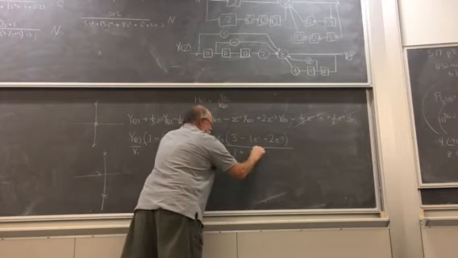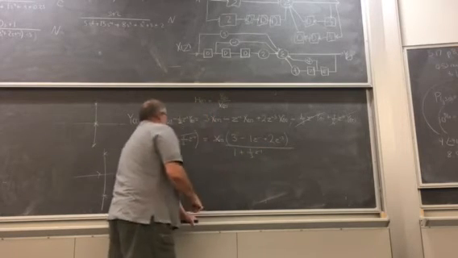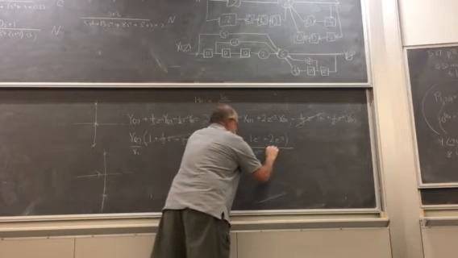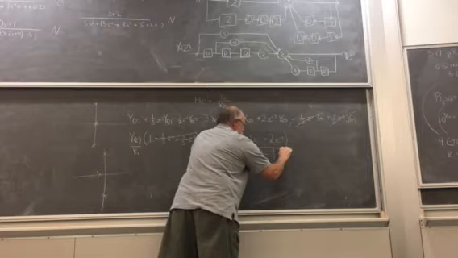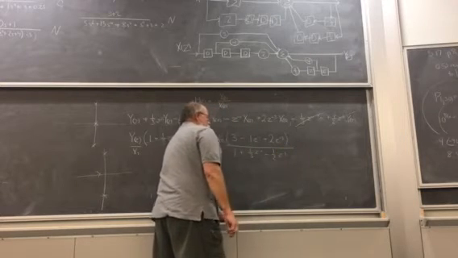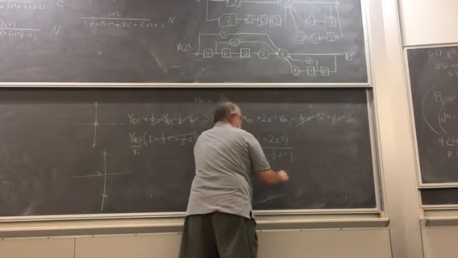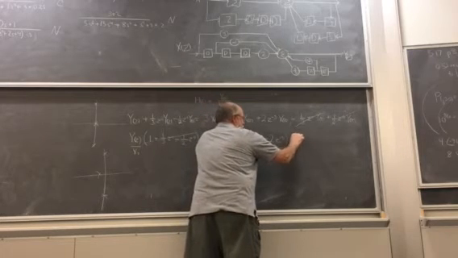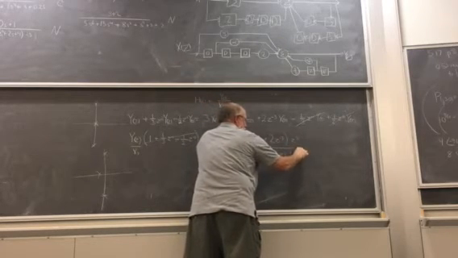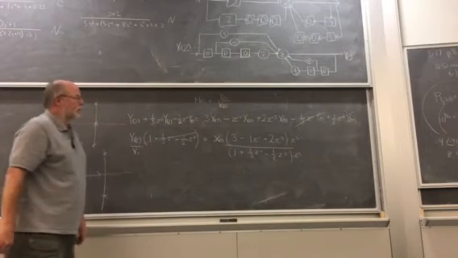Third, z to the minus 1, minus 1/2 z to the minus 2. And typically what we'll do at this stage is one more step. Take the highest order or the lowest order, however you count that. Like that.